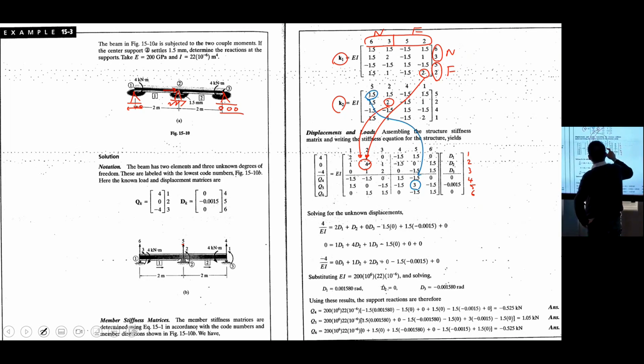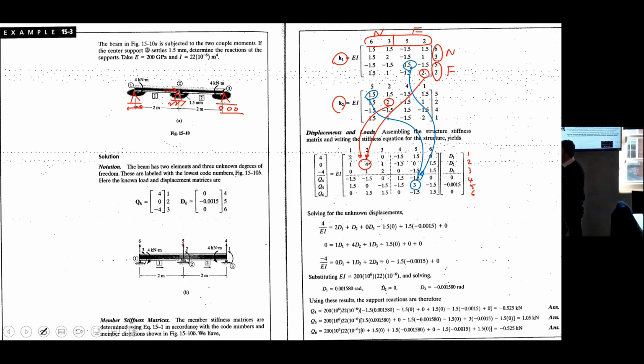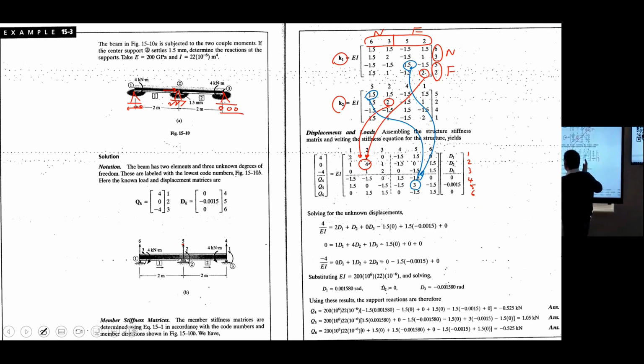This goes here, and this also goes here. All right? Every number in that one, 16 numbers, and another 16 numbers, go to the right places, and we have a 6 by 6 matrix here.